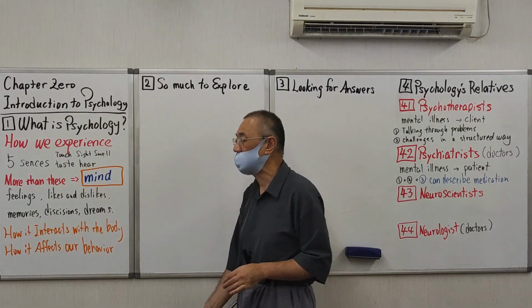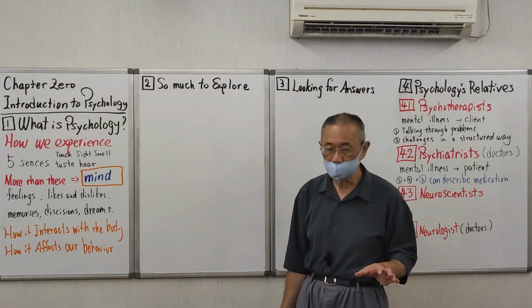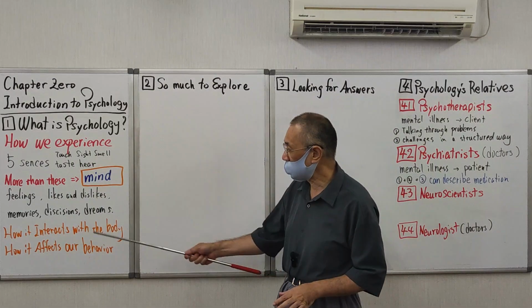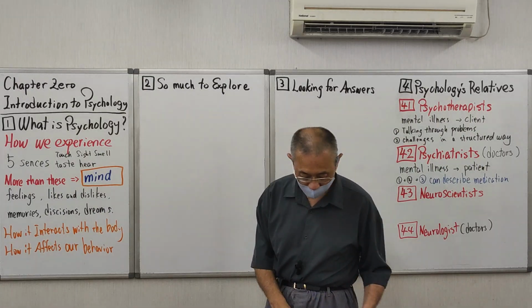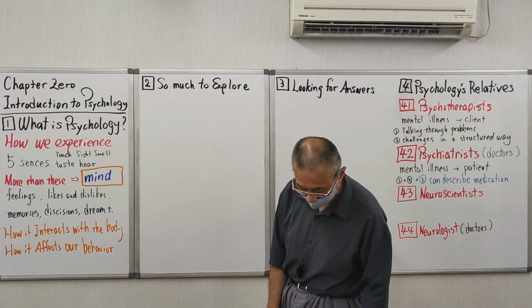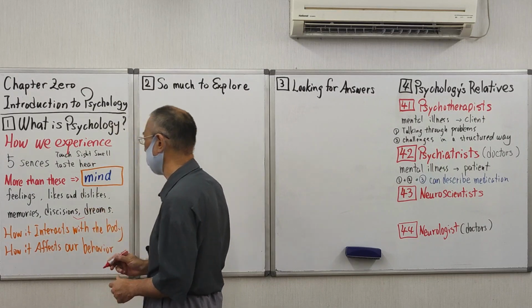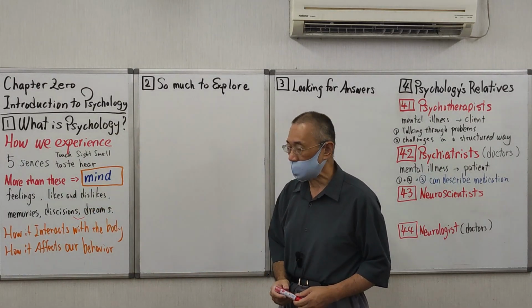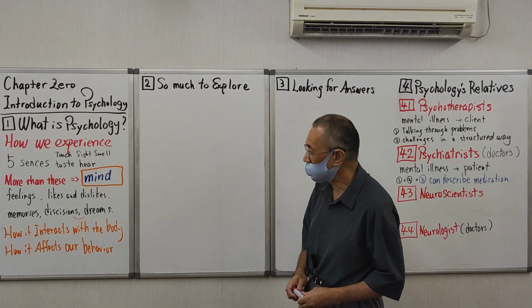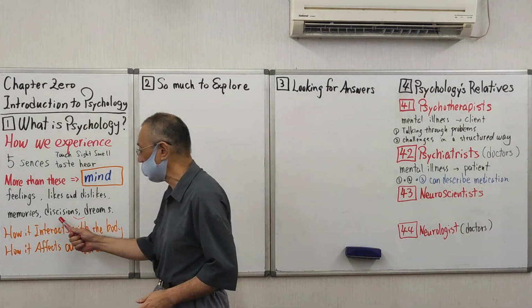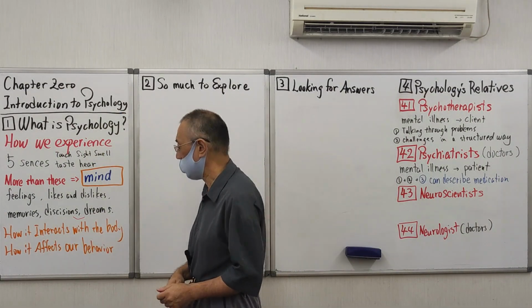And decisions are usually made consciously. So decisions and dreams are a kind of pair. Also decisions and memories are a pair.